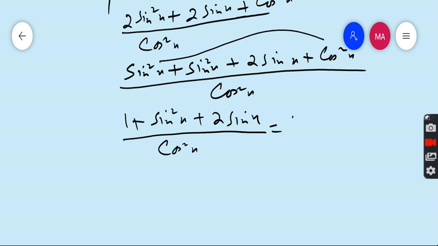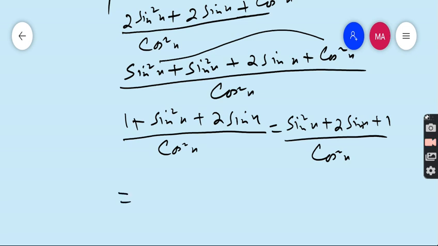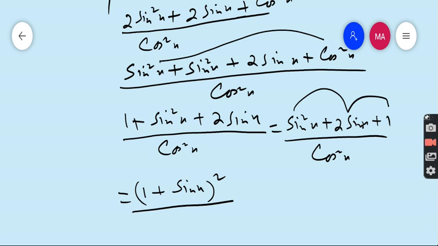Now if you write in order like this, sin square x plus 2 sin x plus 1 upon cos square x. So sin square x plus 2 sin x plus 1 is equals to a square plus 2ab plus b square. This can be written a plus b whole square upon cos square x, which can be written 1 minus sin square x.